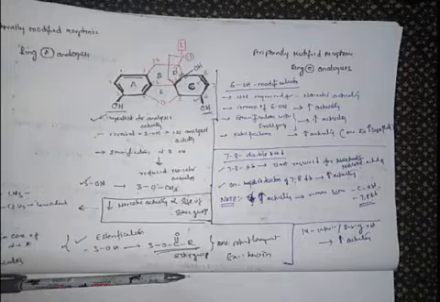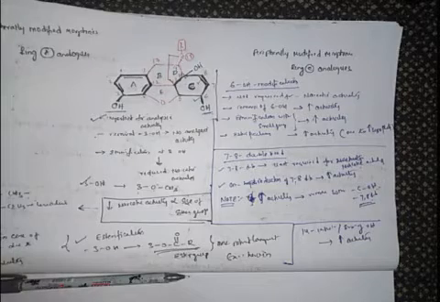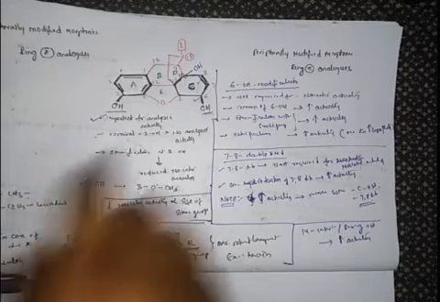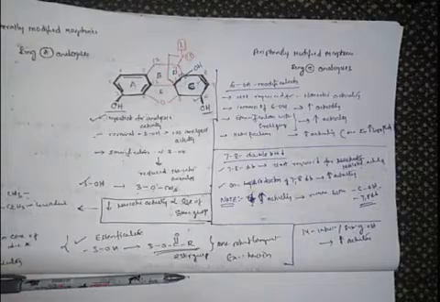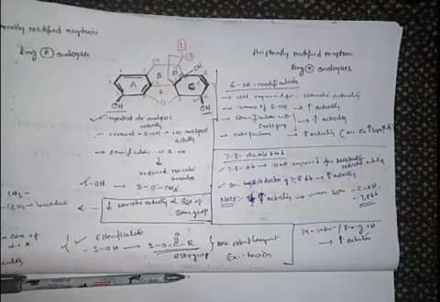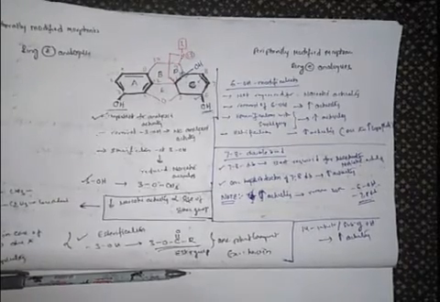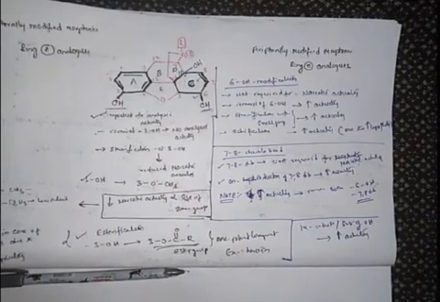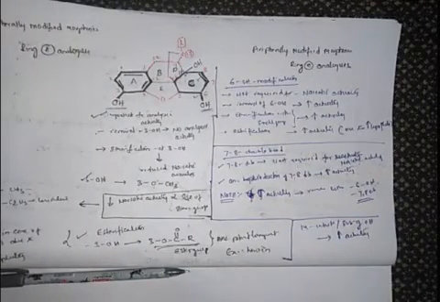Once again I am repeating. First, the 6 OH group is not at all important for narcotic activity. Removal of the 6 OH group gives enhanced activity.